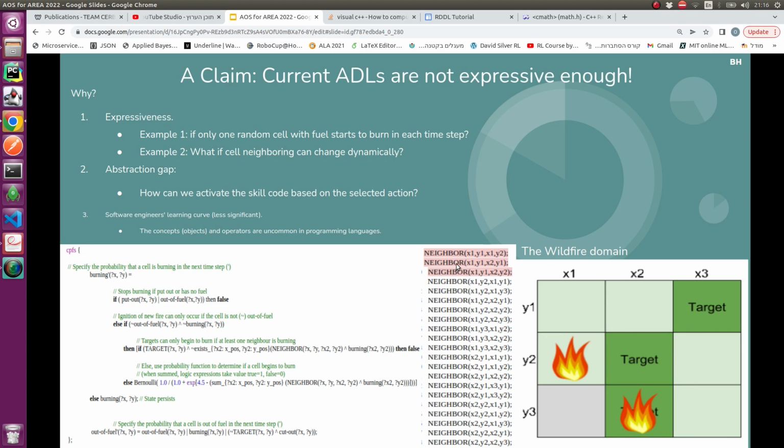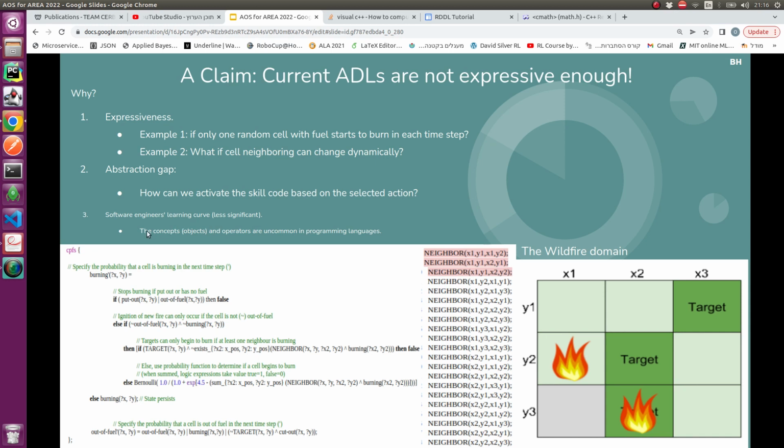More than that, let's say that in my problem cell neighboring changes dynamically in my environment, and this is something I can't describe in RDDL, so it's not expressive enough. And real world problems require all the tools to describe.